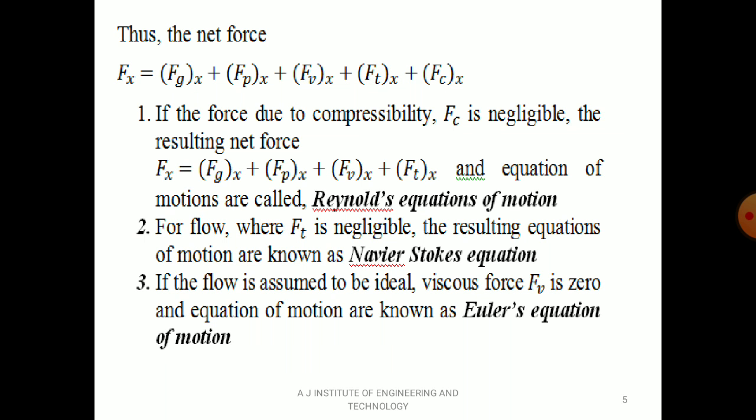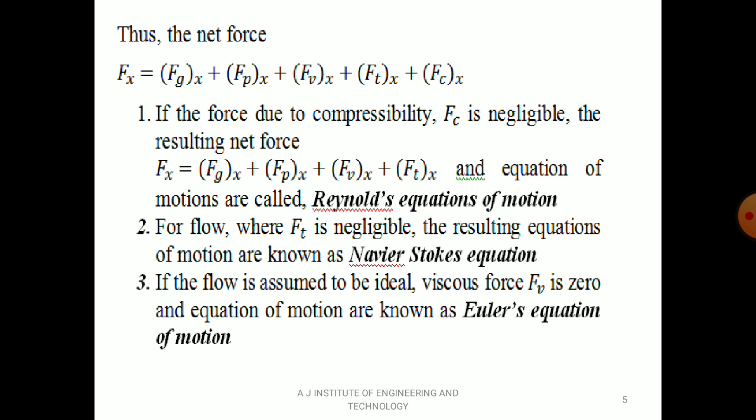Therefore the net force in the x direction, Fx equal to Fgx plus Fpx plus Fvx plus Ftx plus Fcx, a summation of all 5 forces in the x direction. We have to consider the x component because it is the net force acting in the x direction.